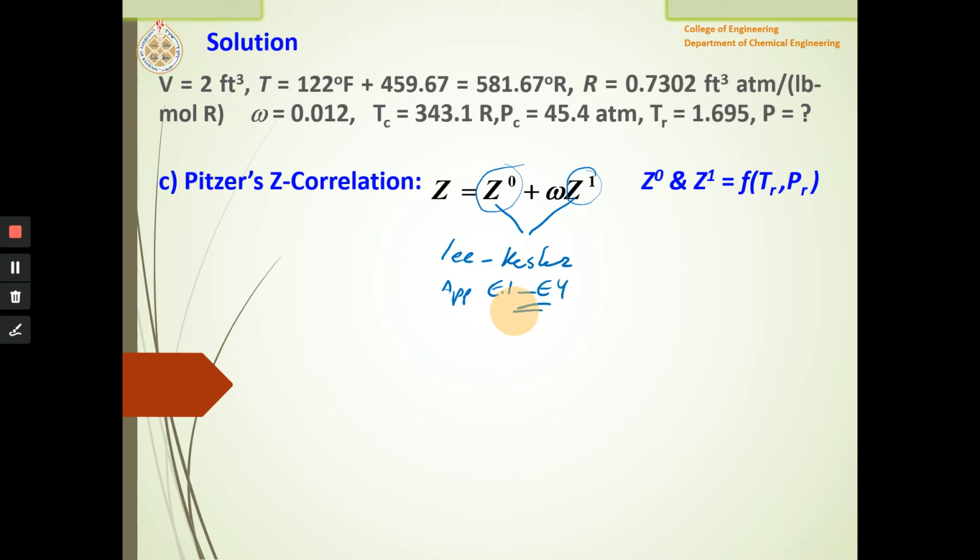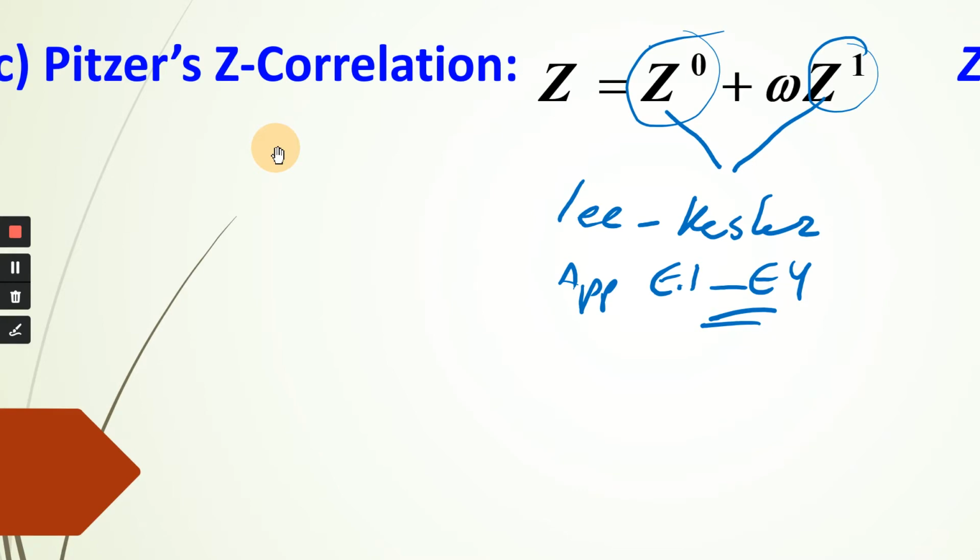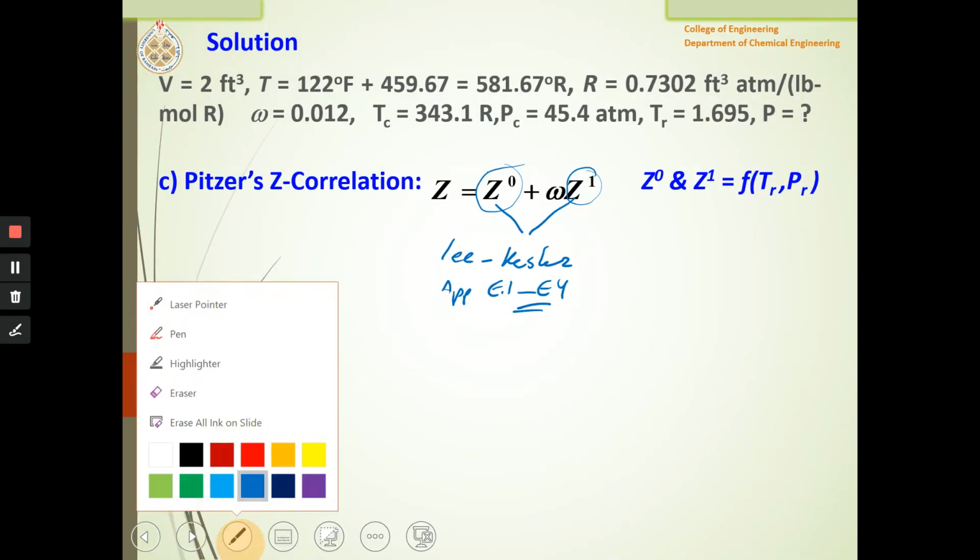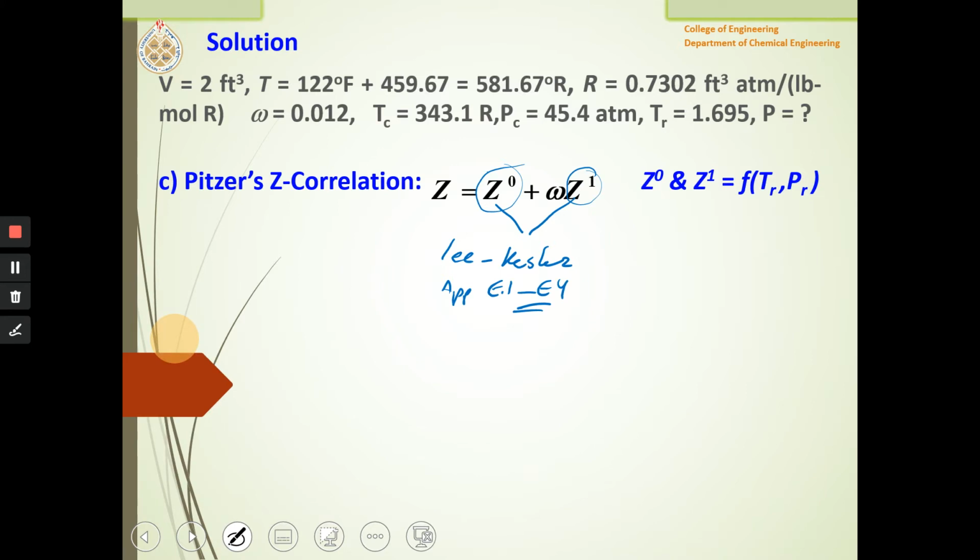But if they said use Pitzer correlation, but for the second virial coefficient and for B, Z0 and Z1 are related to B0 and B1. And I don't want you to mix up here. There is a relationship between Z0 and B0, Z1 and B1 in your book, and that was given in equation 3.63 and 3.64. Well, actually 3.64, mainly 3.64. That shows the relationship between Z0 and B0, Z1 and B1.